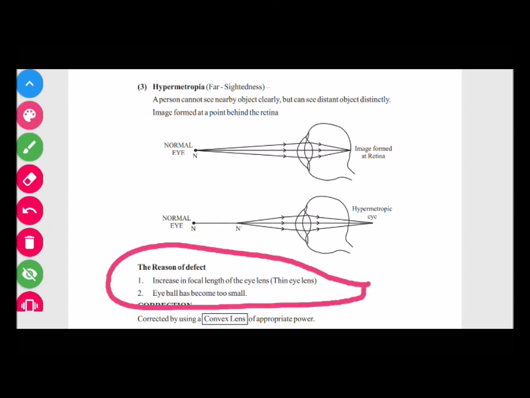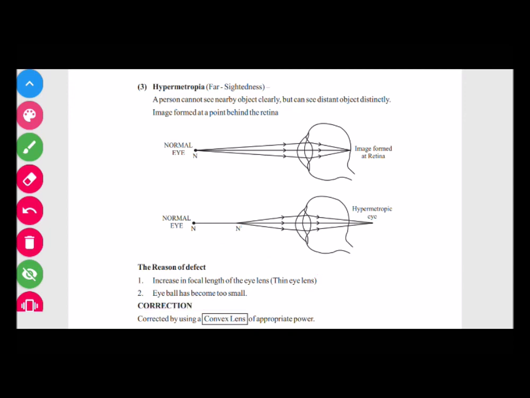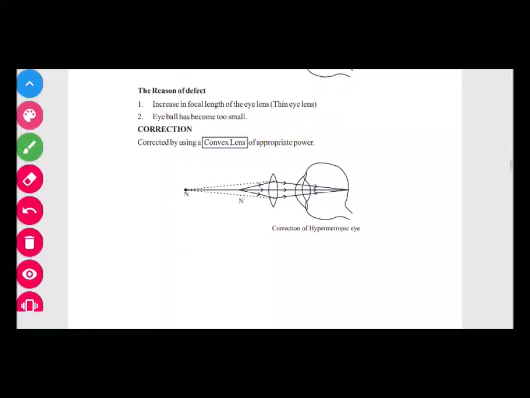Increase in the focal length of the eye lens or the eyeball becoming too small is the reason behind hypermetropia. How can you correct hypermetropia? By using a convex lens of appropriate focal length. What will this convex lens do? It will converge the light rays so that the final image will be formed at the retina.